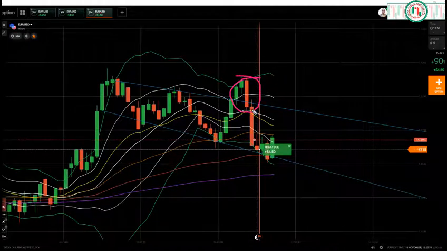So after this engulfing candle, but it's rejected from this 20 MA, so it may create a retracement candle. That's why I didn't place my trade immediately. But after this red candle, strong candle, I know the market will go down to this level, this channel, at least to this channel here. So that's why when I got a chance here, an opportunity, I just placed my trade put option at this level.